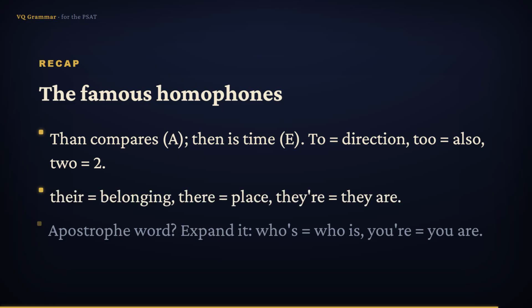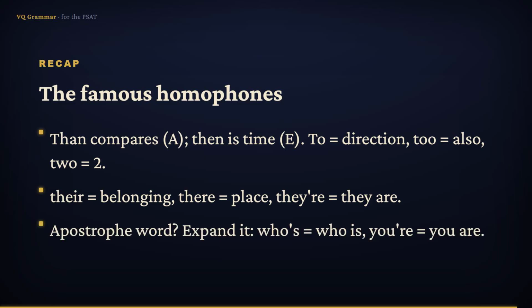Expand the apostrophe word. They're is they are. Who's is who is. You're is you are. If the long version fits, the apostrophe is right. If not, use the possessive. Their, whose, your, with no apostrophe.